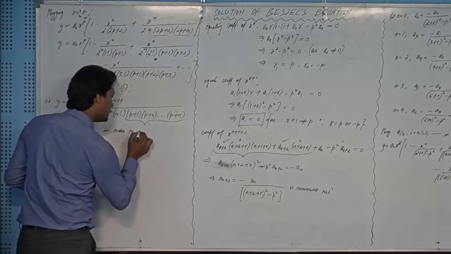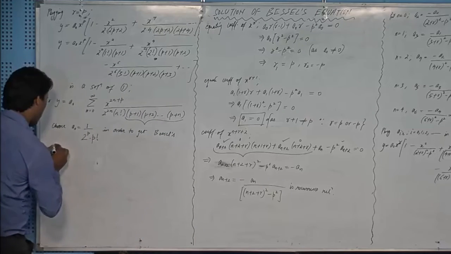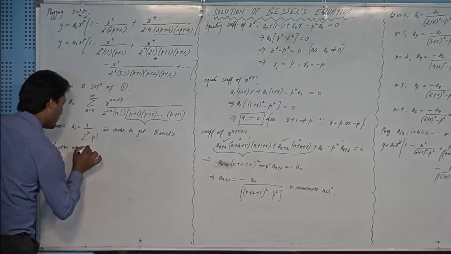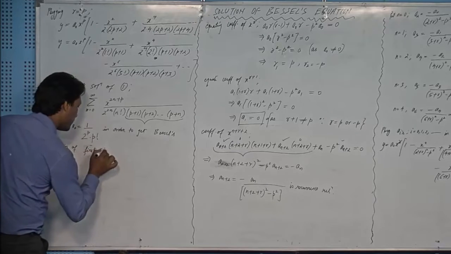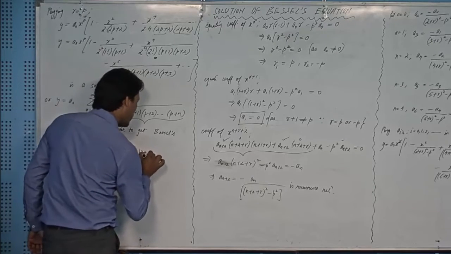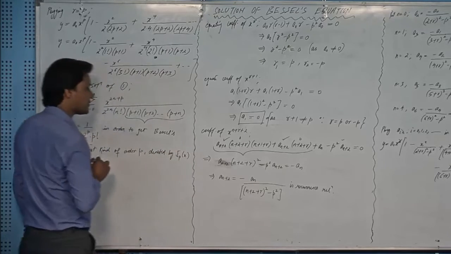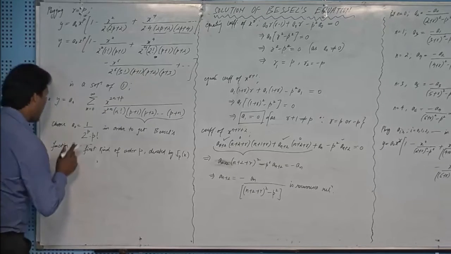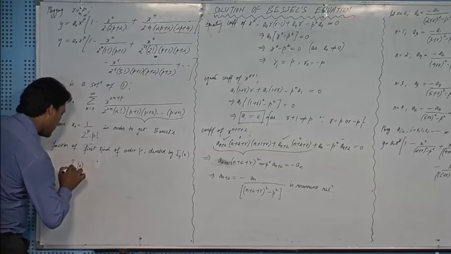In order to get Bessel's function of first kind of order p, denoted by J p x, using this value here, finally I will replace that y with J p x.